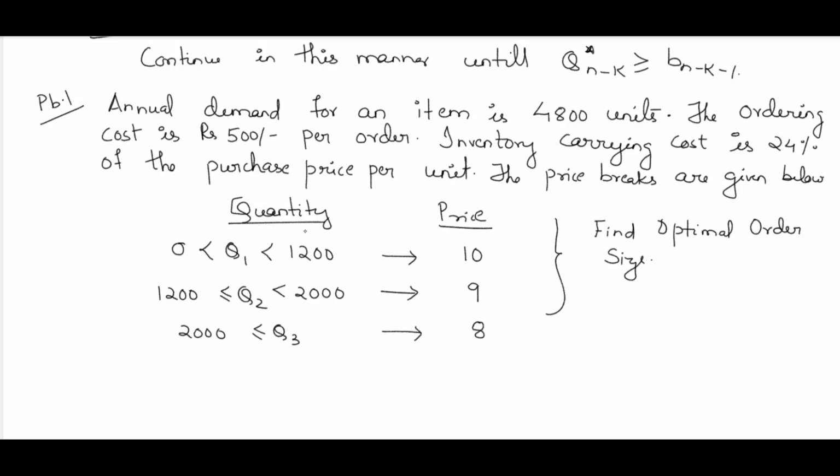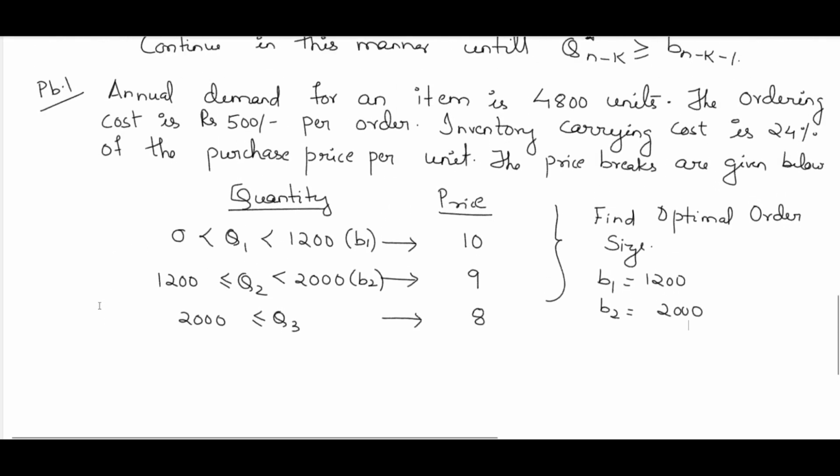You can see that 1200 is your B1, 2000 is your B2, and Q3 will now be your B3. Let's say now we will start.